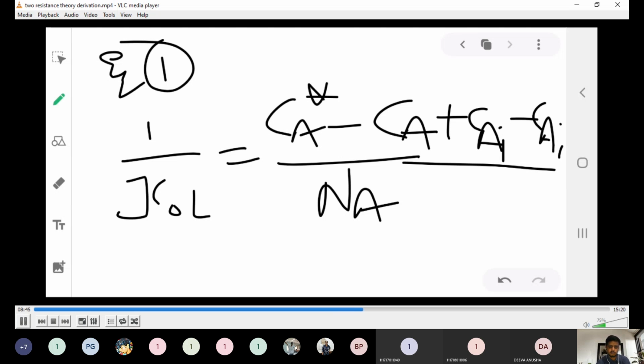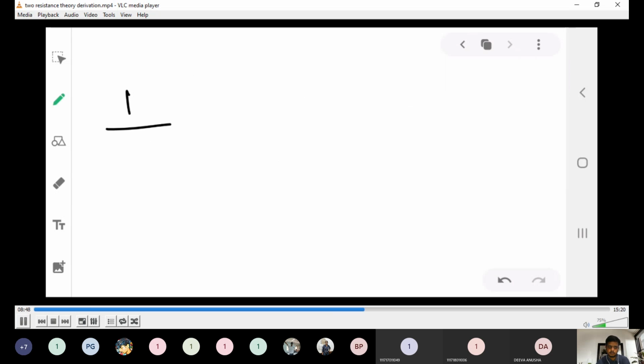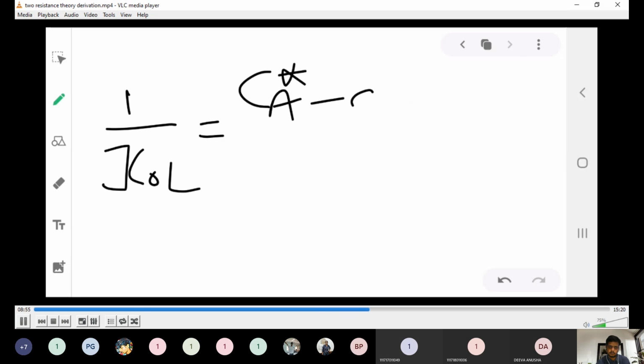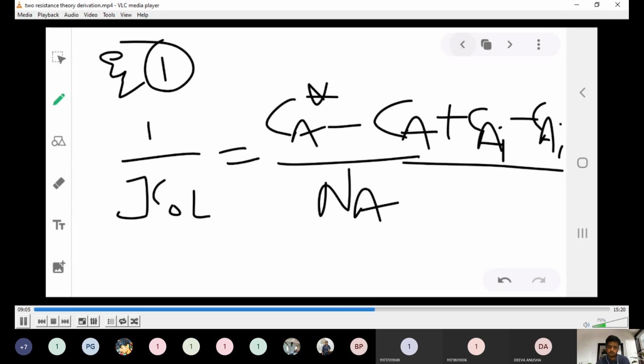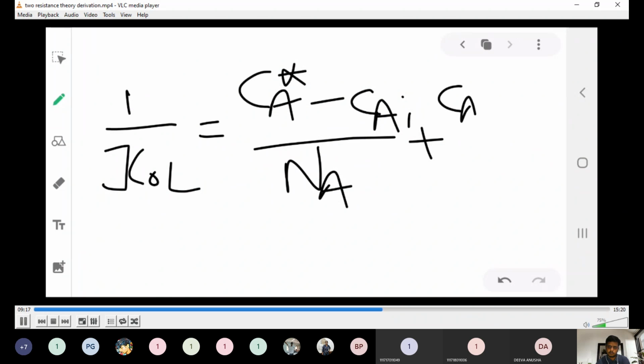Now see CA star minus CAI, here we can write this in this form: 1 by KOL is equal to CA star minus CAI by NA. We can divide that into a summation of two variables. So we have taken this, and the left out is CAI minus CA.